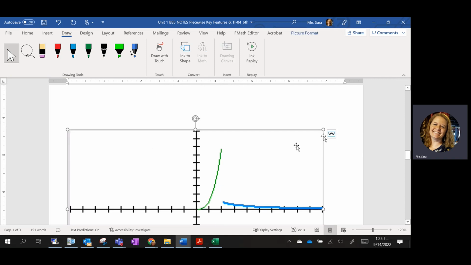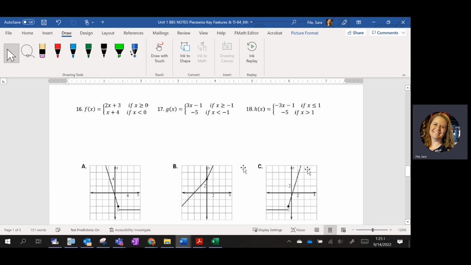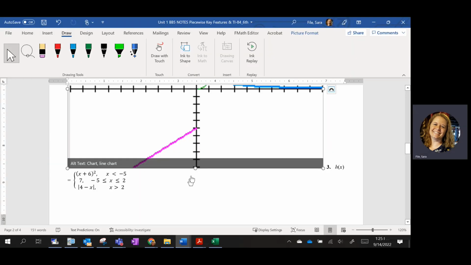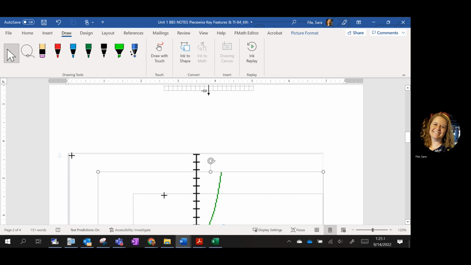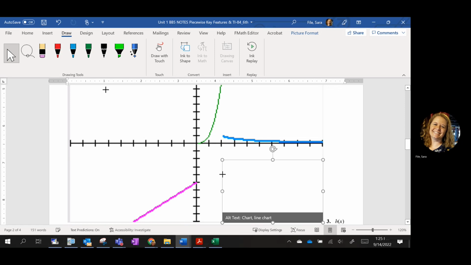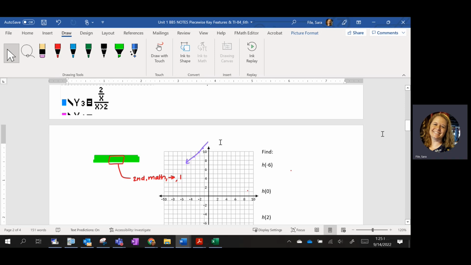All right, so let's put some stuff back up here. Smaller. Oh my gosh. Come on, Word. Man, it's moved all our stuff around.